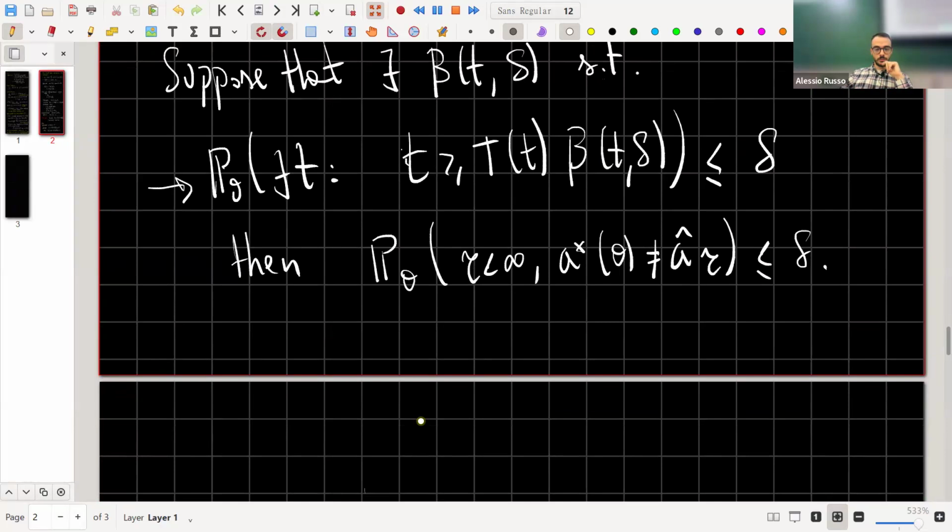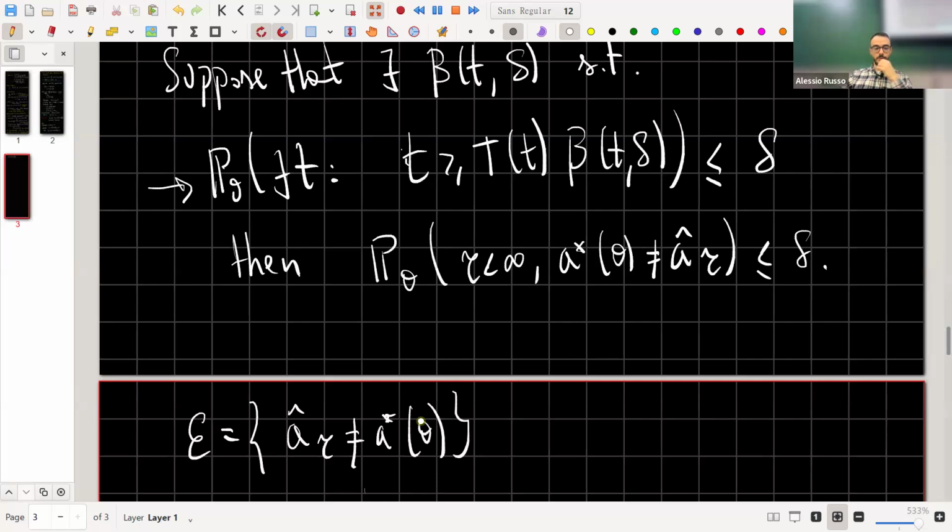Okay, so the starting point is to consider the event where we have not estimated the model well, so our estimate of the best arm is not the true one.